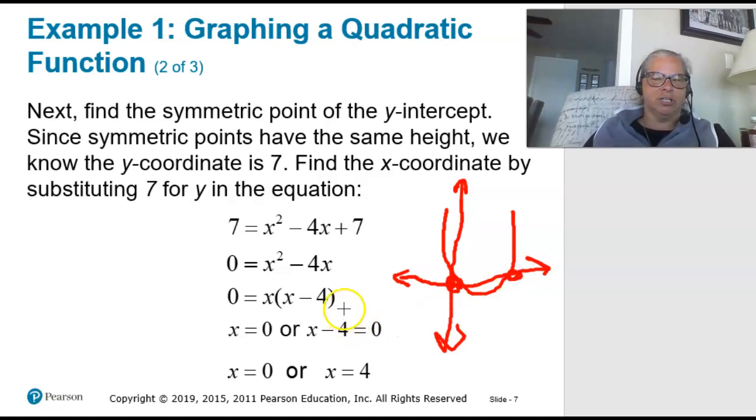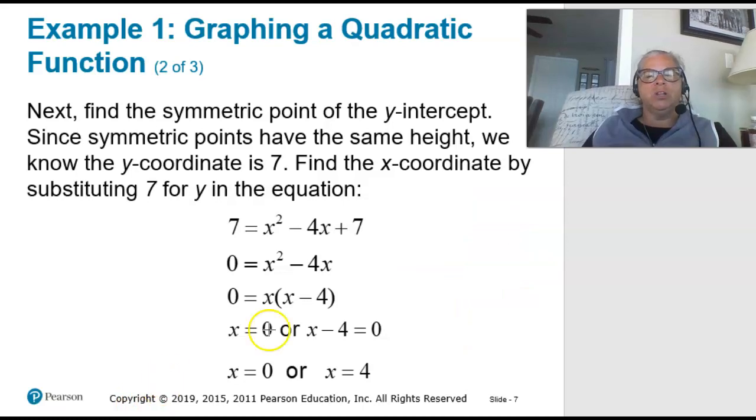Sorry, this drawing tool is difficult in this program, but hopefully it helps you understand. The importance of factoring is because it tells us where the parabola crosses the x-axis, and that's what we were looking to show here. So we know that now there's 2 points: x is equal to 0 and x is equal to 4, when they both are as tall as 7.